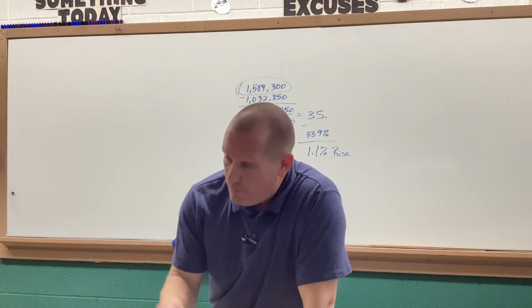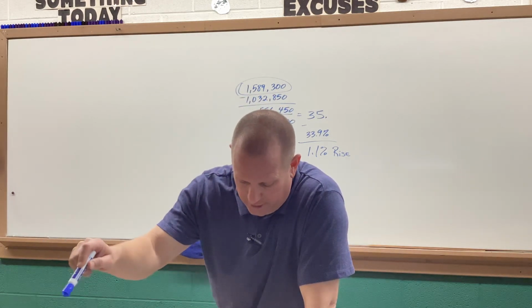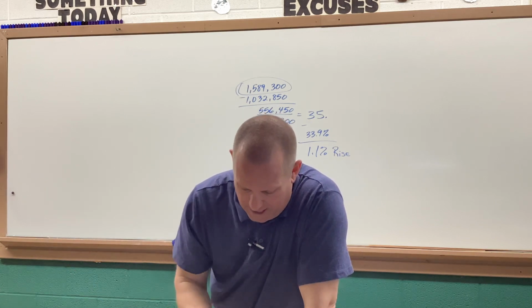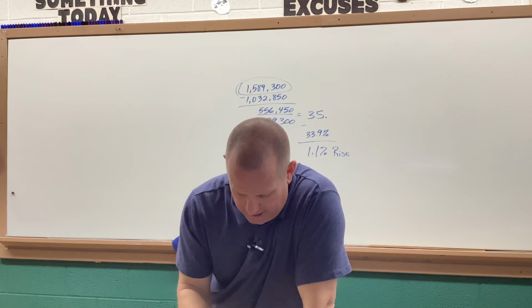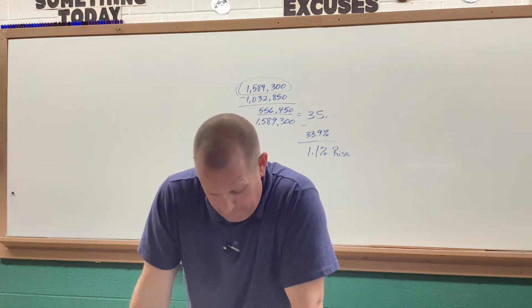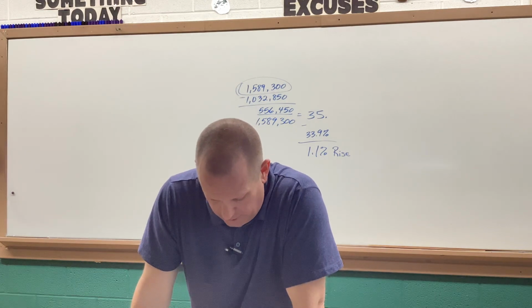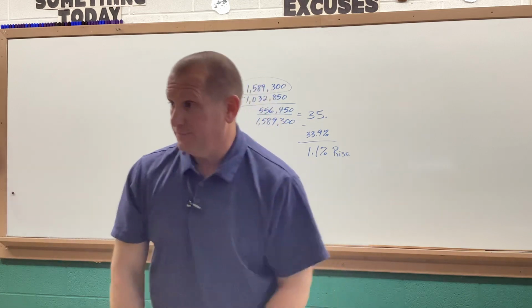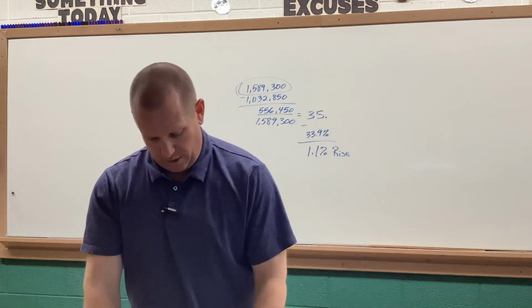Even though we're now doing it as a quarter instead of a whole year, you still take the beginning and the end, average them, and then take your inventory divided by that. And that'll tell you how many times your turnover rate was. Questions?